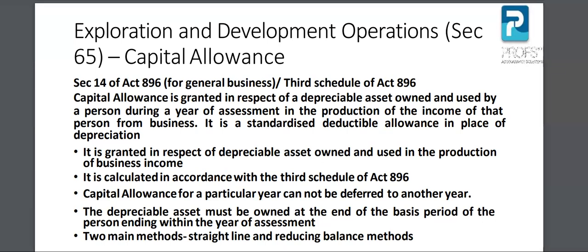So section 14 looks at capital allowance. Maybe some of us may not know what capital allowance is, or we know, but we may not know the difference when it comes to these sectors. Capital allowance is basically depreciation, amortization and depletion in accounting. In tax, we call it capital allowance.